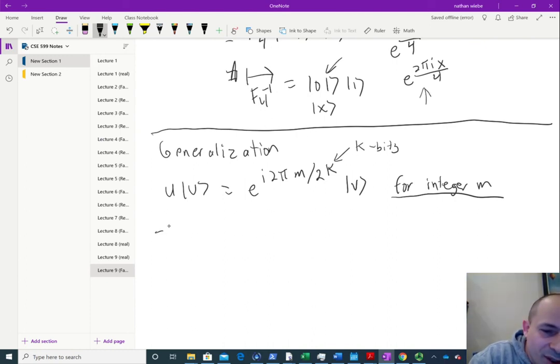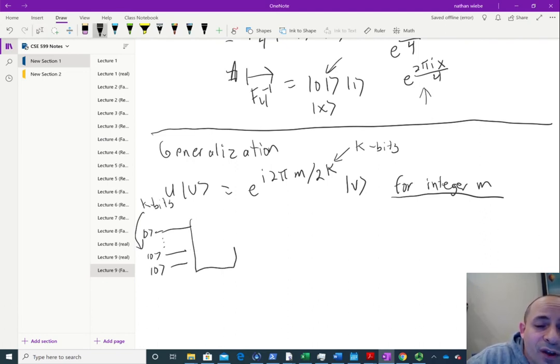So our quantum circuit is going to begin by having 0 all the way down, 0, 0. So it's going to have k bits here. Then we feed that through a k-bit discrete Fourier transform.